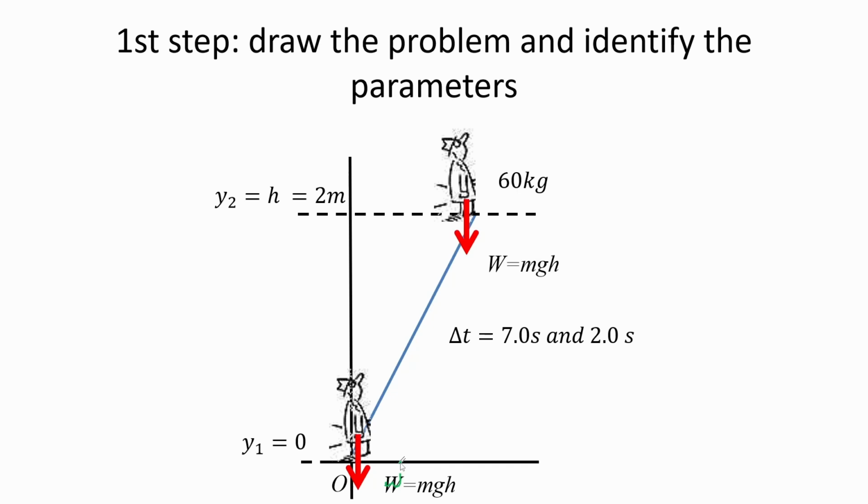So wala siya work dire kay height niya is y1 equals 0. And this one is at work, mgh, I think nakalimot na ako ani, sorry. So mgh, ang h niya here is 2 meters. Okay, so essentially gravitational potential energy.